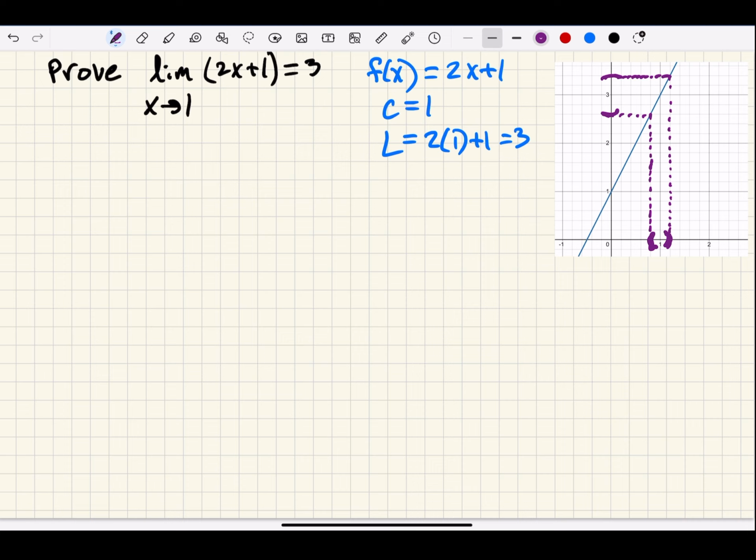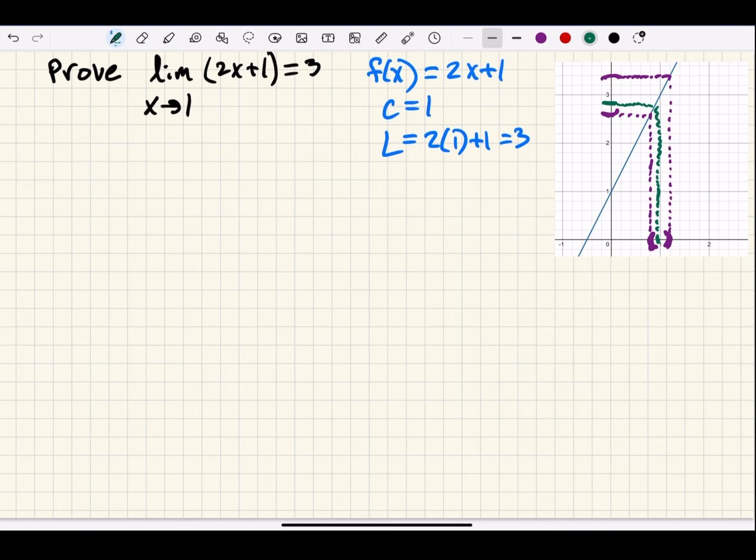And if we were to choose any x value inside this interval and then project to the graph and then over to the y-axis, we would be inside of the interval that we made on the y-axis.